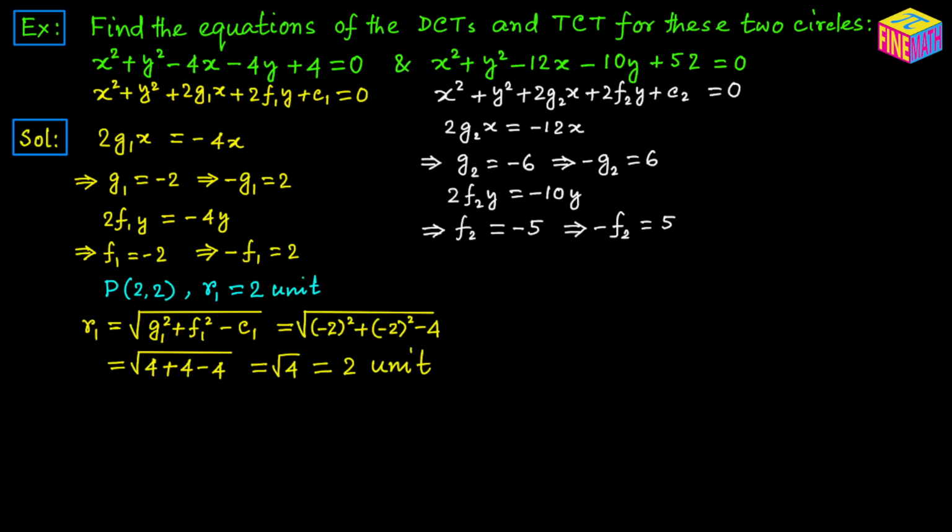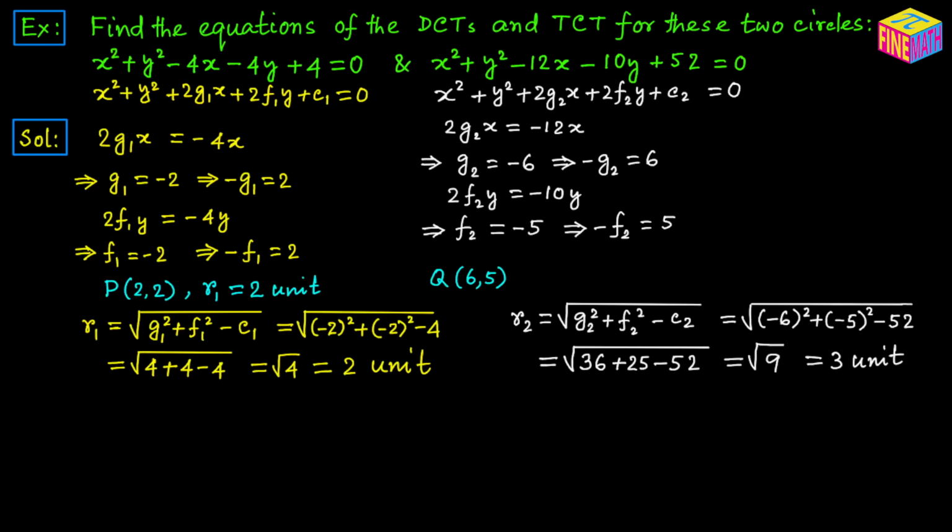Similarly, f2 is negative 5 and negative f2 is positive 5. So the coordinates of the center of the second circle, which is point Q, are (6, 5), that's negative g2, negative f2. Also, let's quickly calculate the radius of the second circle. The radius of the second circle turns out to be 3 units.